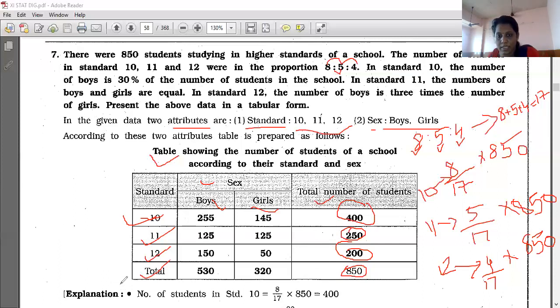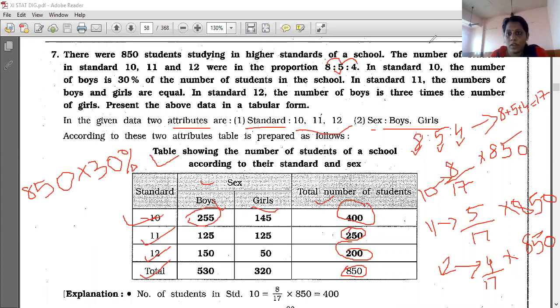Here they have said in the standard 10, the number of boys is 30%. Or else you can do like this, 30% of 850. You can calculate it in the calculator: 850 into 30, then percentage sign, you will be getting 255.